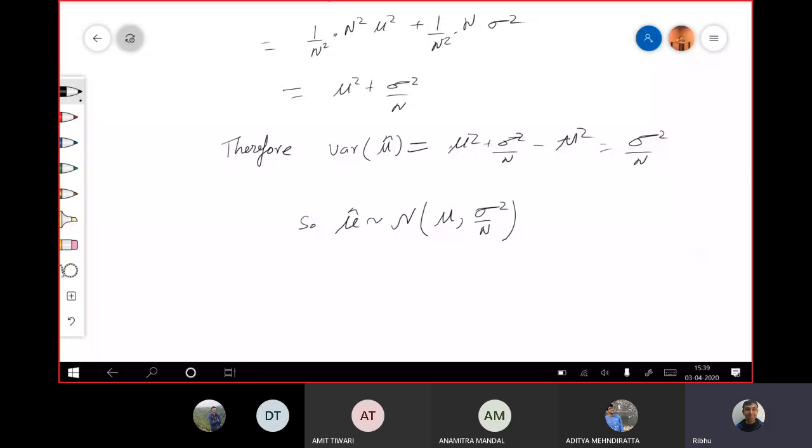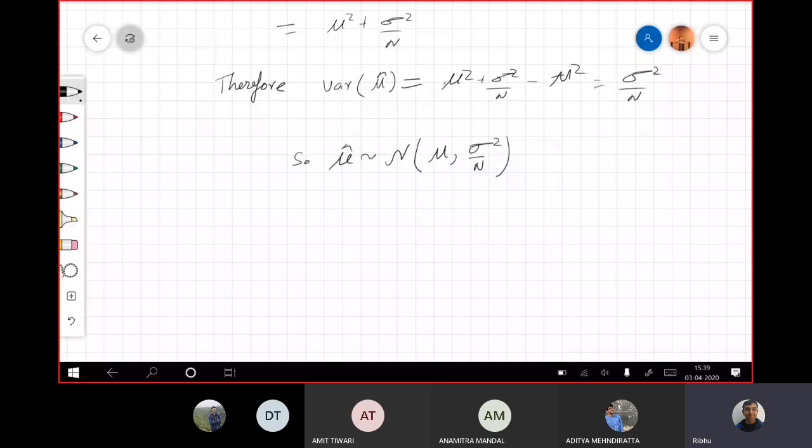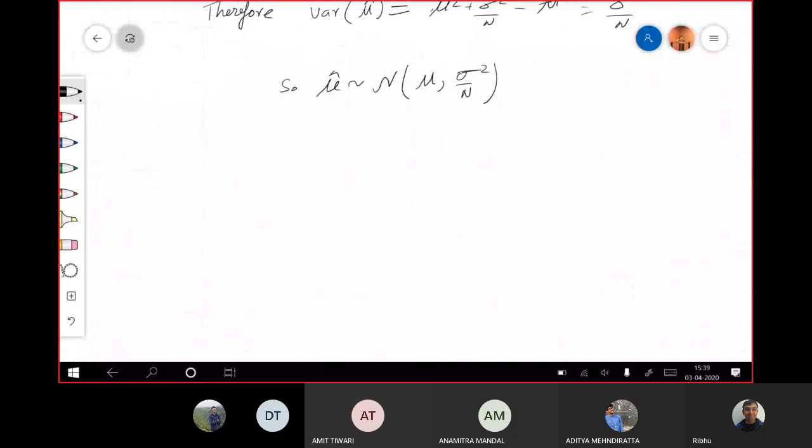So now say this is how the plot looks like, so this is mean mu, and this is the standard deviation, right?